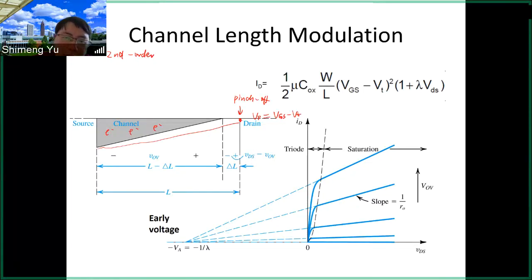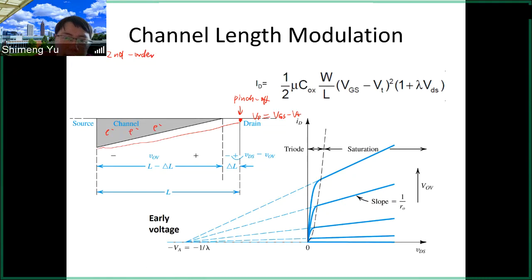But now if you further increase VD, the electrons will move faster and faster because the electric field will be larger. So the electrons in this region will be easily swept out from the channel. That means in this whole region, the electron density will drop to 0.